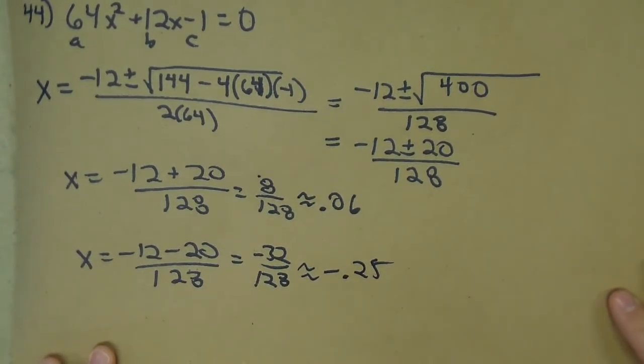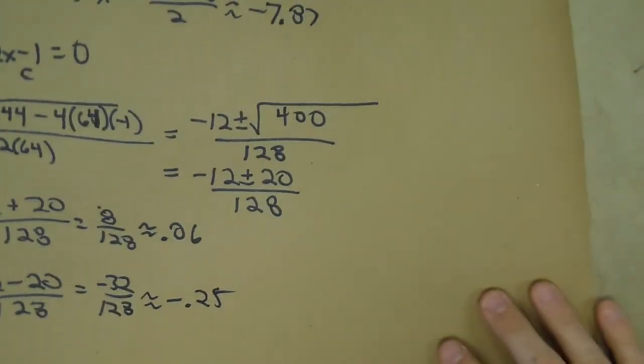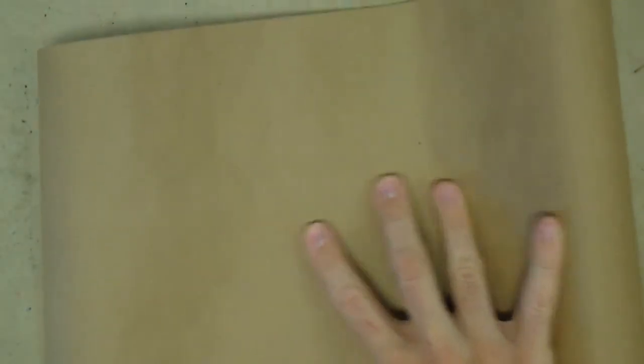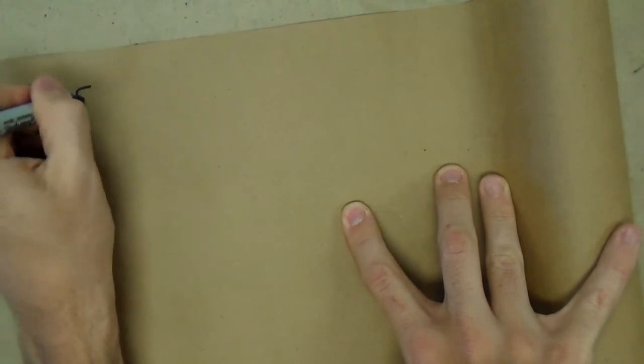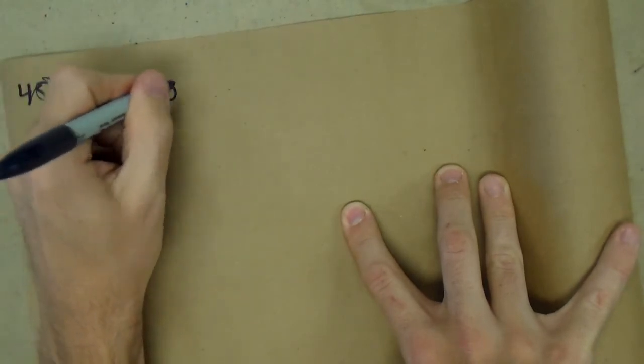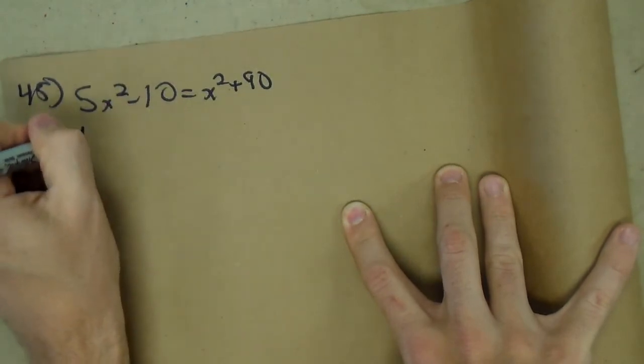Okay, on 45, we're looking at solving 5x squared minus 10 equals x squared plus 90. I'm going to move everything over to the same side.